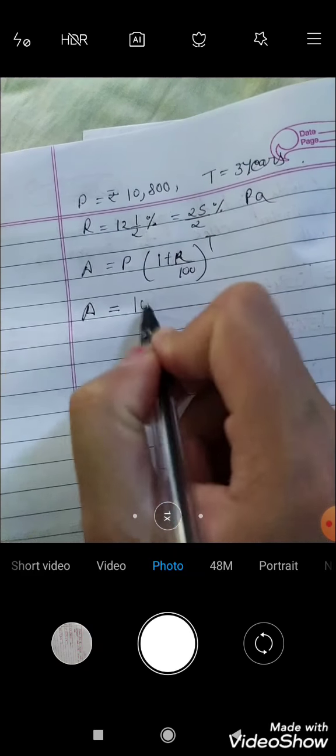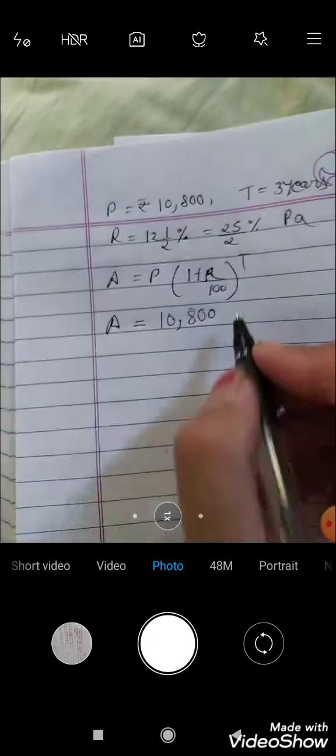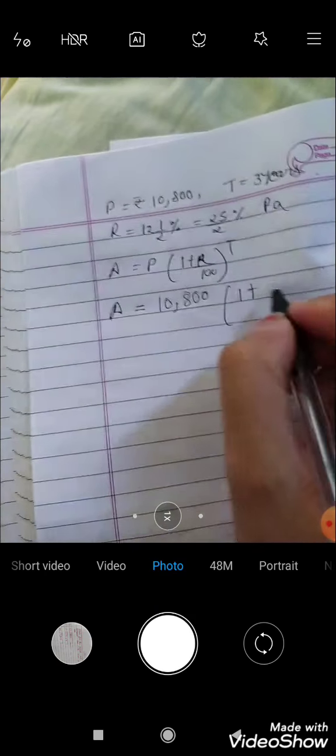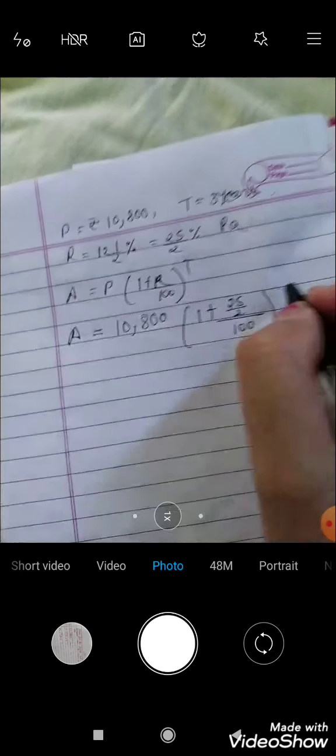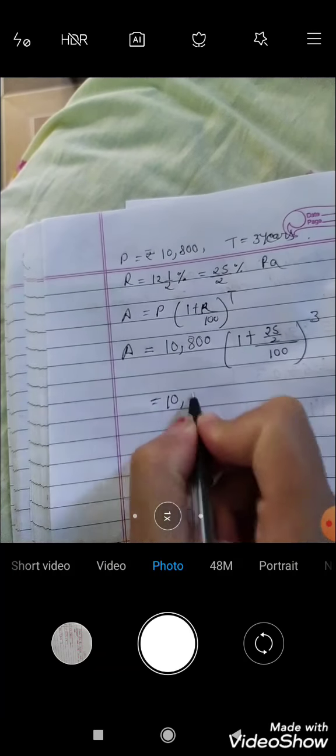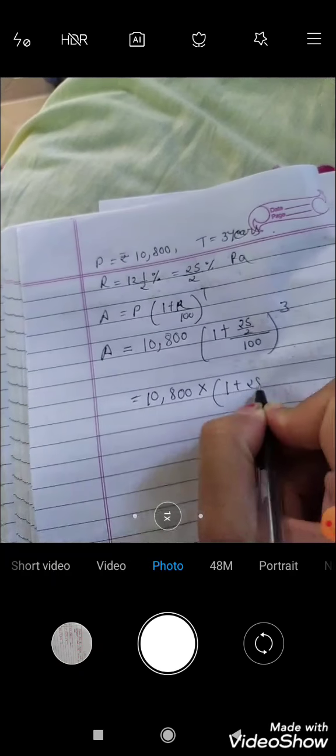So we have 10,800, it is the principal, and 1 plus, in the place of rate we put 25 upon 2 divided by 100, and in the place of T we write 3. So we have 10,800 multiplied by 1 plus 25 upon 200 whole power 3.